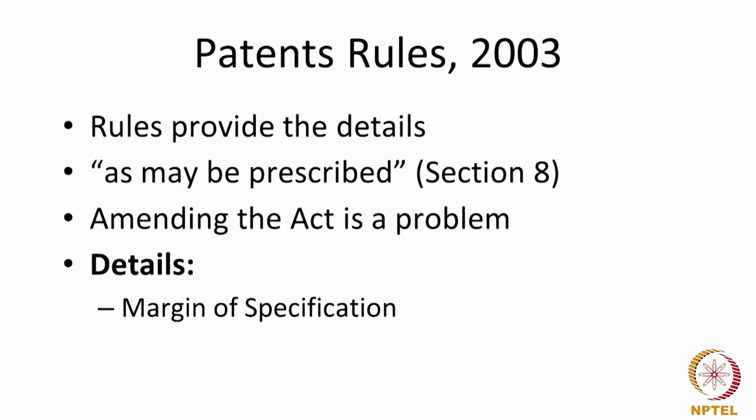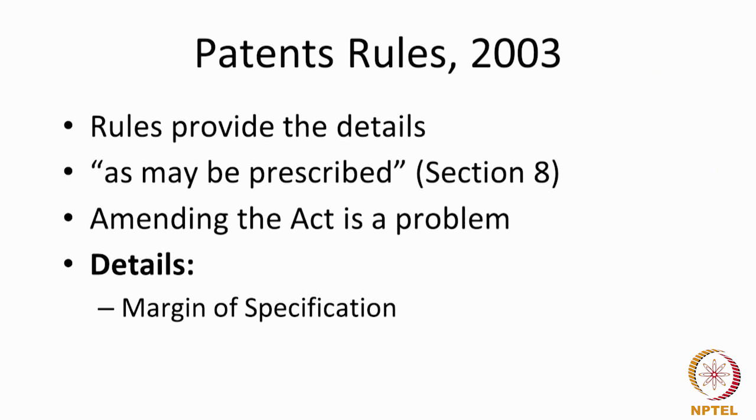Now, the rules also contain a wide variety of details. At a very broad level, the rules describe these generic phrases, as may be prescribed, the timeline or the fees that is prescribed. So, any timeline that has to be maintained, you will most likely find it described in the corresponding rules.